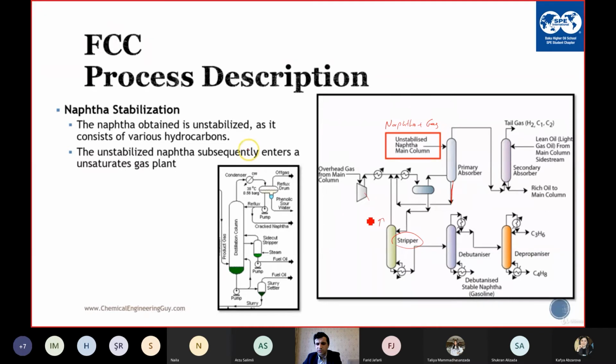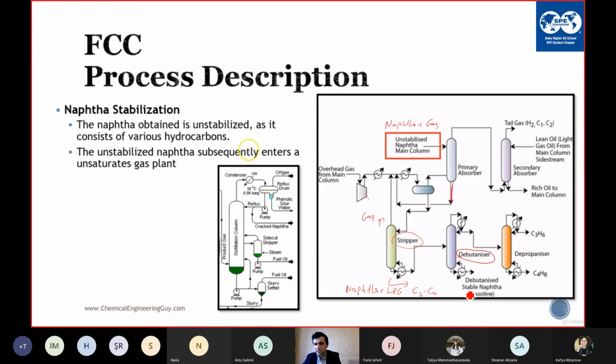The stripper separates the gases and LPG. What's LPG? C3 and C4. And after LPG, the stripper separates the naphtha plus LPG, which is C3 and C4, and the gases are separated and sent to the separator, and then the gases are sent to the primary absorber. Here we have the debutanizer.